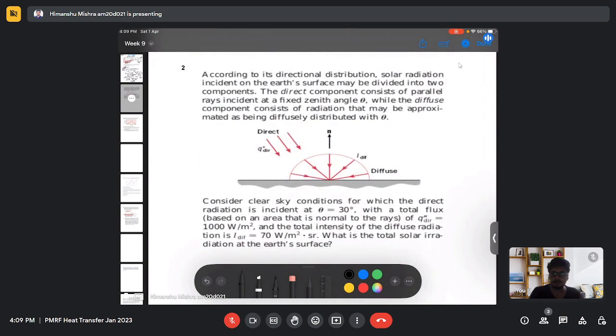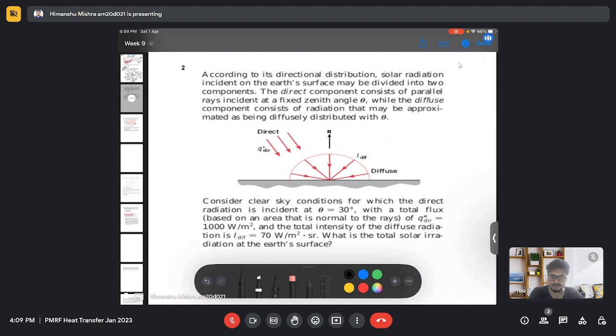According to its directional distribution, the solar radiation incident on Earth's surface may be divided into two components. The direct component consists of parallel rays incident at a fixed angle theta, while the diffuse component consists of radiation that may be approximated as being diffusely distributed with theta.